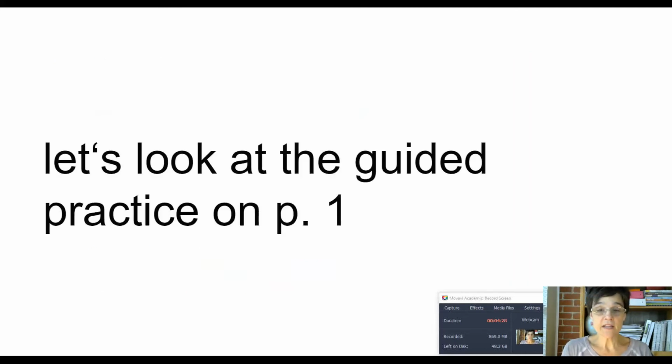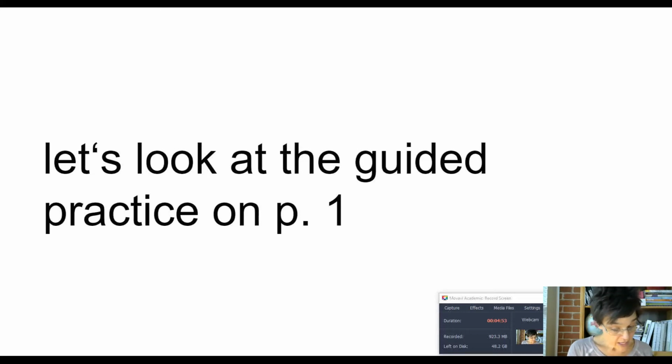Okay, so let's look at the guided practice on page 1. All right, so 1 through 8. If it's a fragment, put an F. If it's a complete sentence and it makes sense, put an S. Okay, and then on numbers 9 and 10, you're going to finish the sentence. Number 9, you need to finish the predicate. And number 10, you'll need to finish the subject.